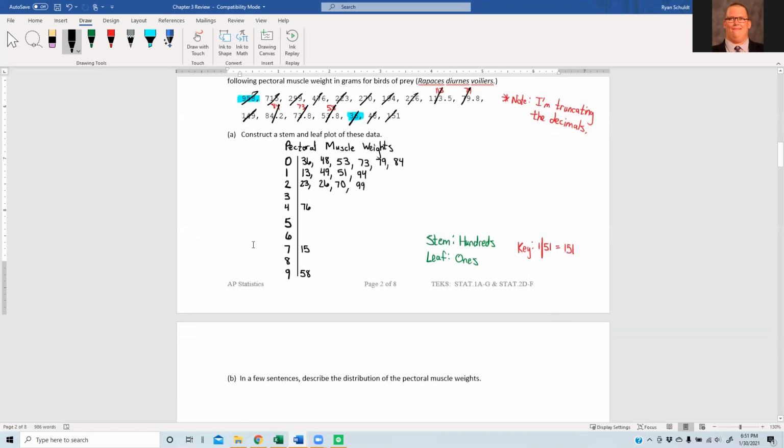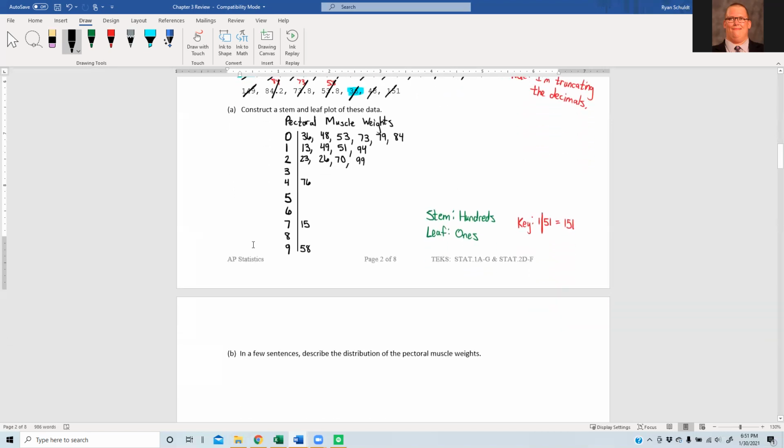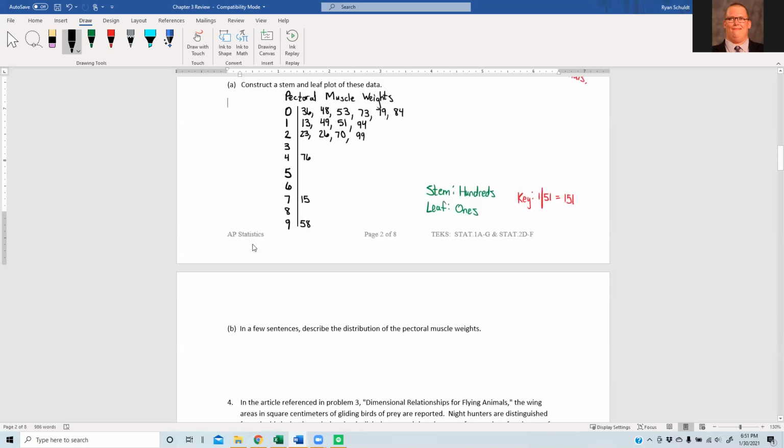Okay, let's see what B is going to ask. B asks us, in a few sentences, describe the distribution of the pectoral muscle weights. Let's see, what do we notice? If we look sideways at it, how is the shape of the data?